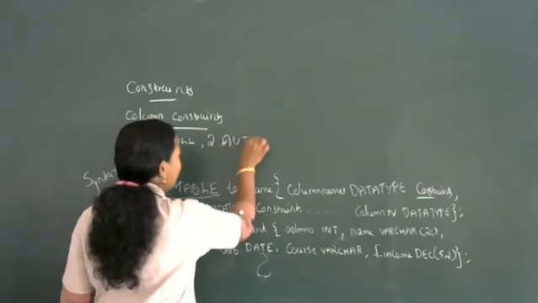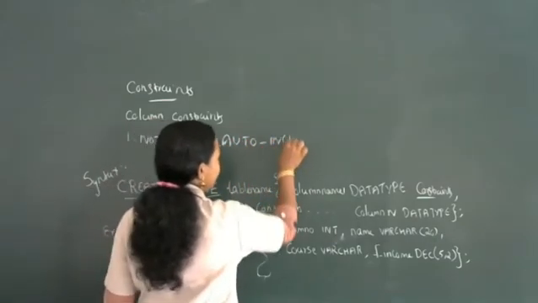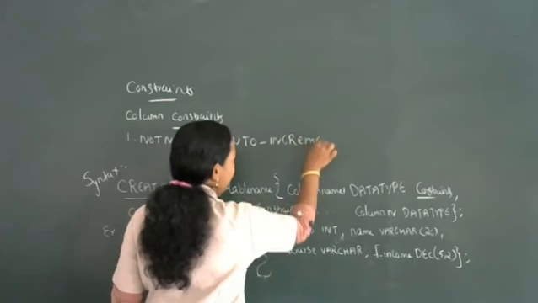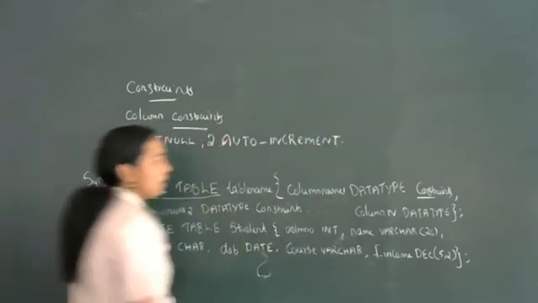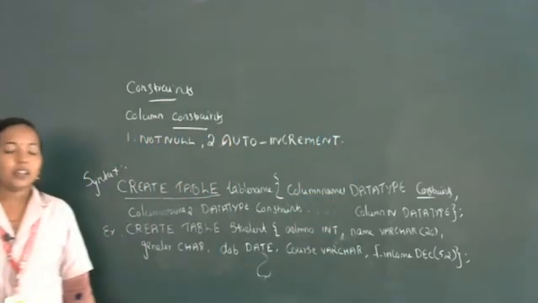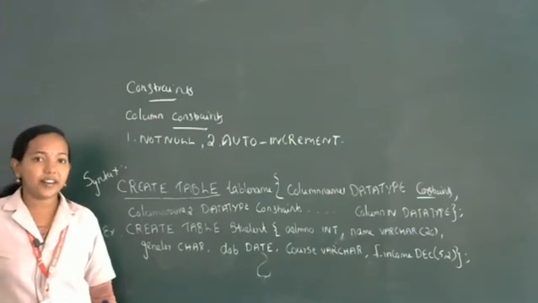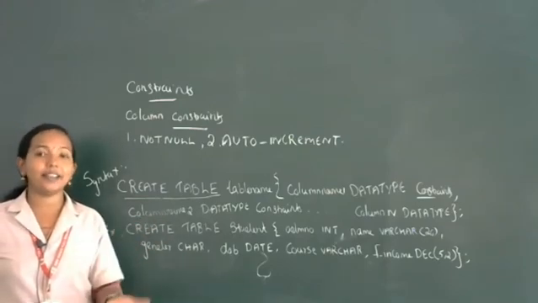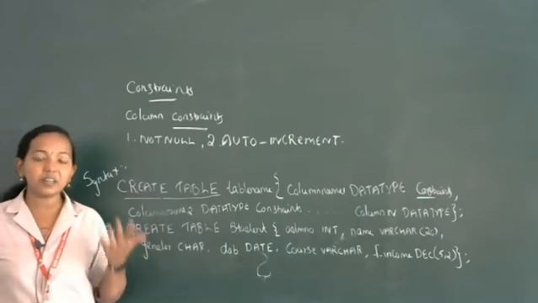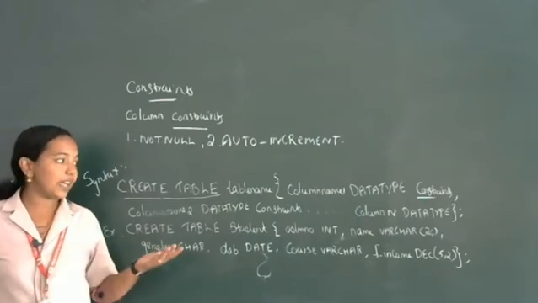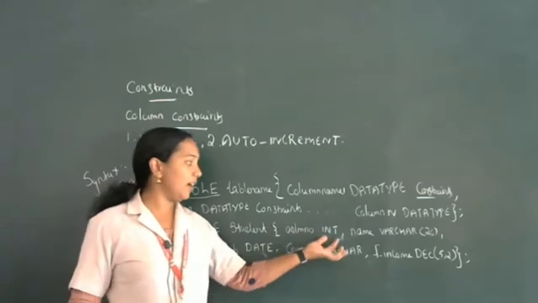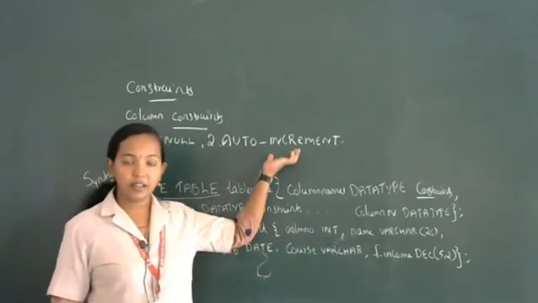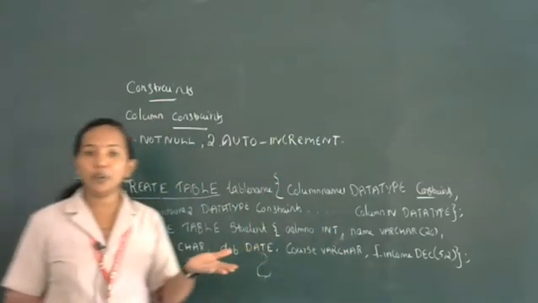Then the second one is auto increment. Auto increment means, for example, if the admission number starts with 100, then the next numbers are 101, 102, 103 like that. Then it is automatically incrementing by 1. So we can write like this, admission number int auto increment. So you don't have to give a value for admission number.